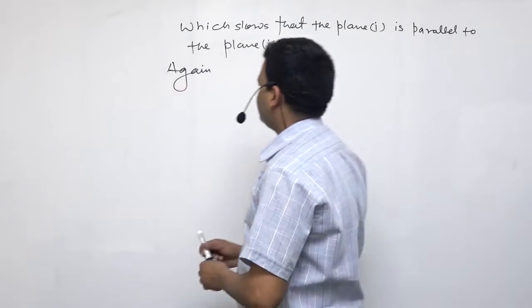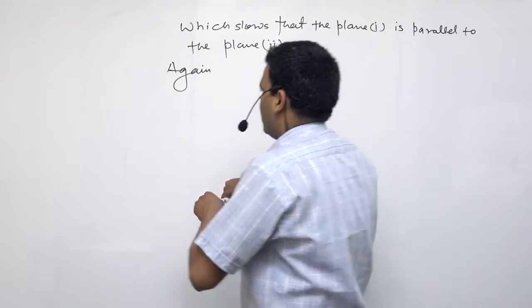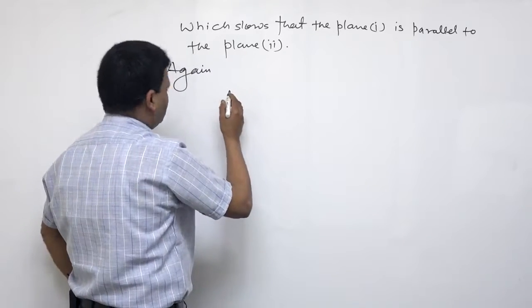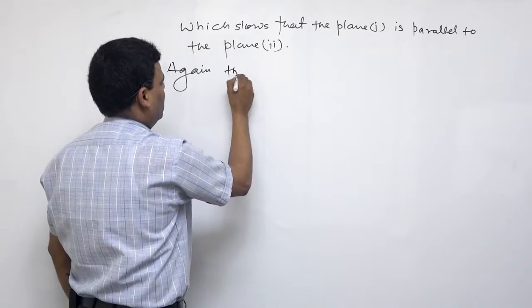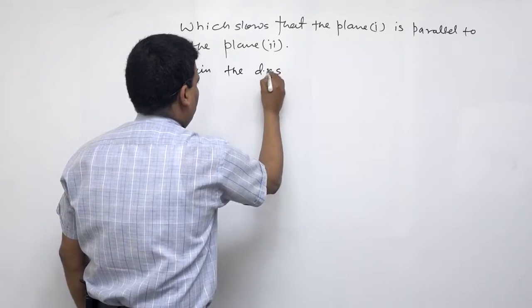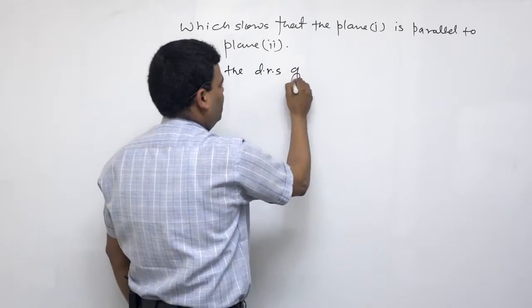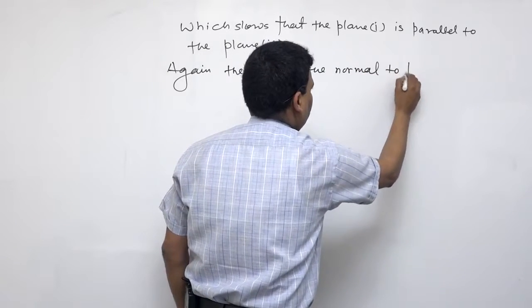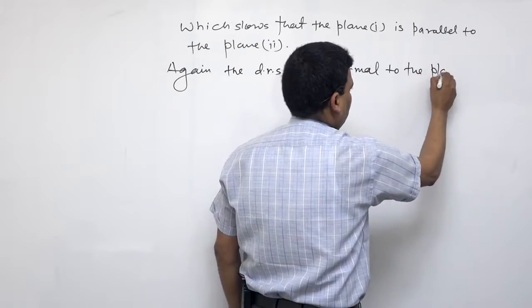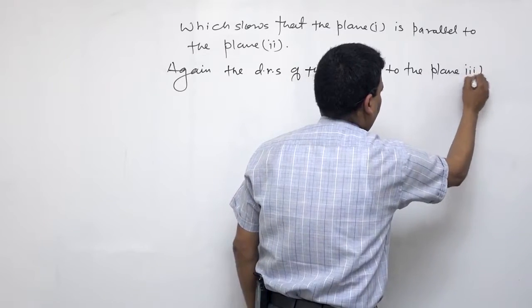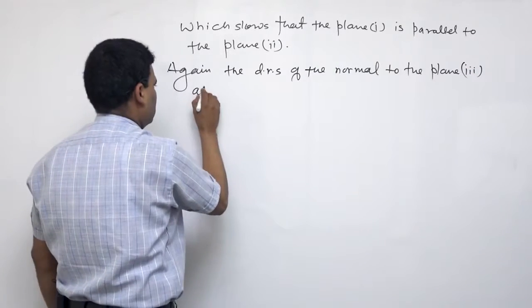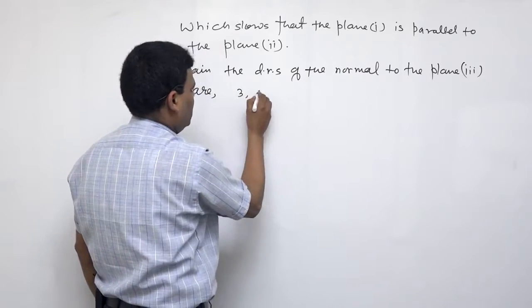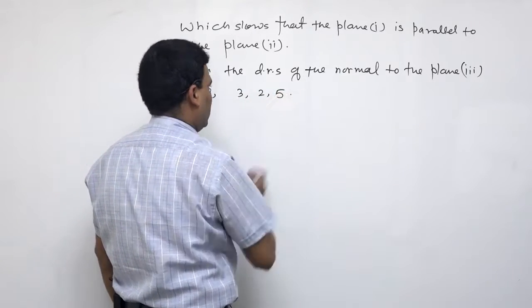Again, the direction ratios of the normal to the plane 3 are 3, 2, 3.